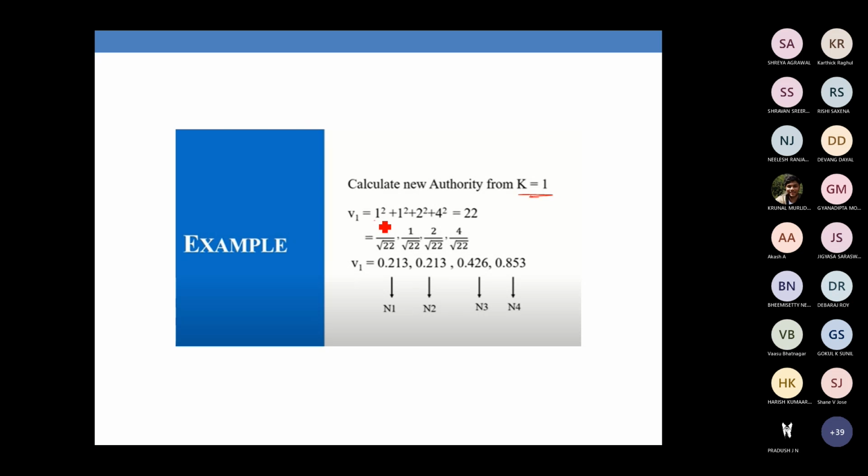You take the square of each value, sum them, and divide by the square root of that sum. I had 1, 1, 2, 4, so 1 squared plus 1 squared plus 2 squared plus 4 squared gives 22. So 1 divided by square root of 22, 1 divided by square root of 22, 2 divided by square root of 22, and 4 divided by square root of 22. I'll get the new normalized value.